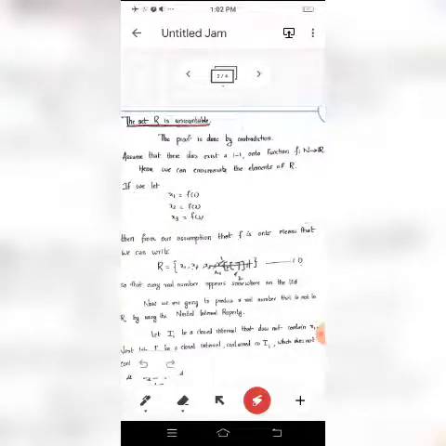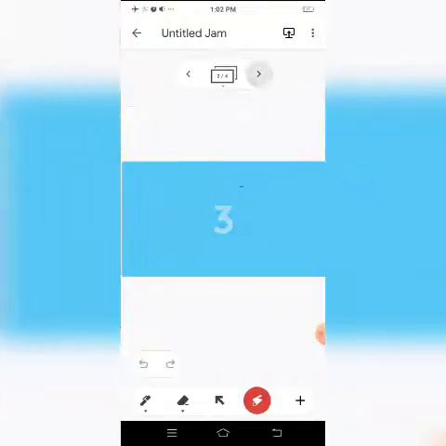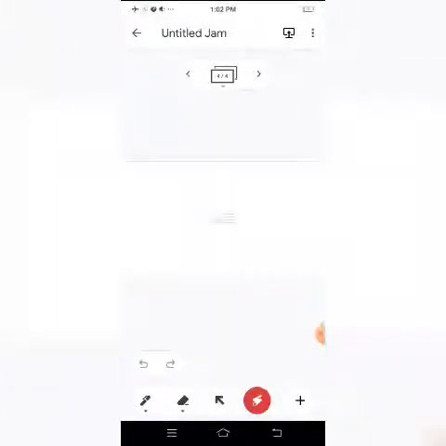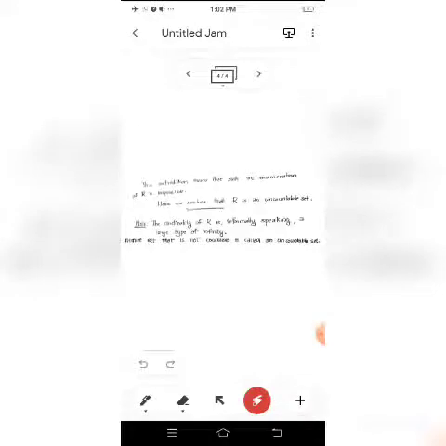R is uncountable. So we can write R is an uncountable set. The cardinality of R, informally speaking, is a large type of infinity. R has a large type of infinity, which is what the cardinality of R says.